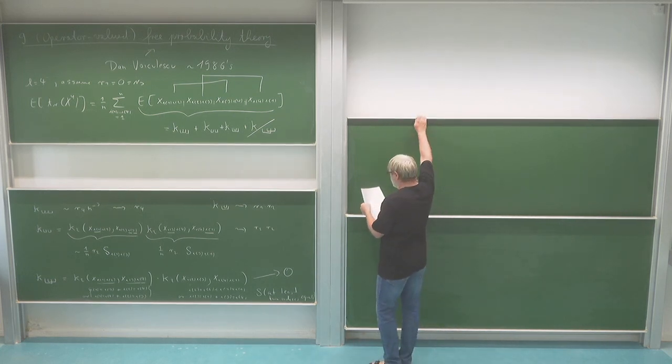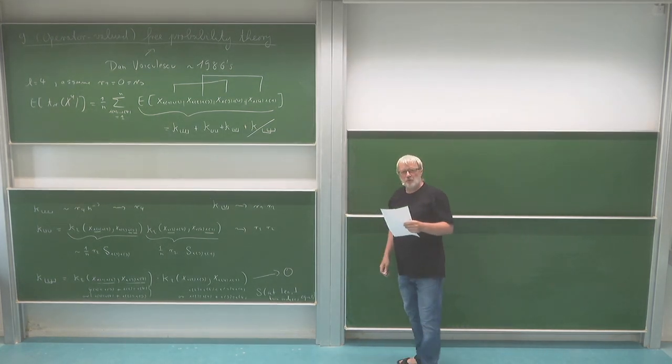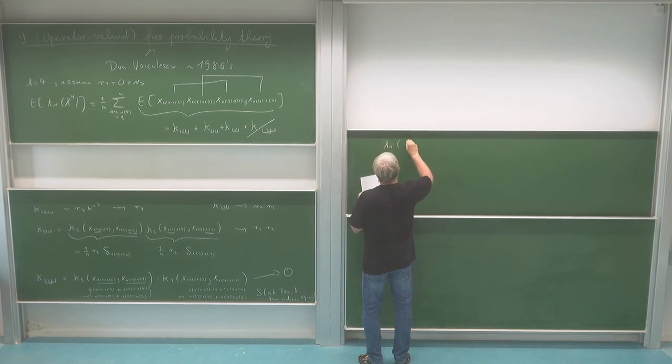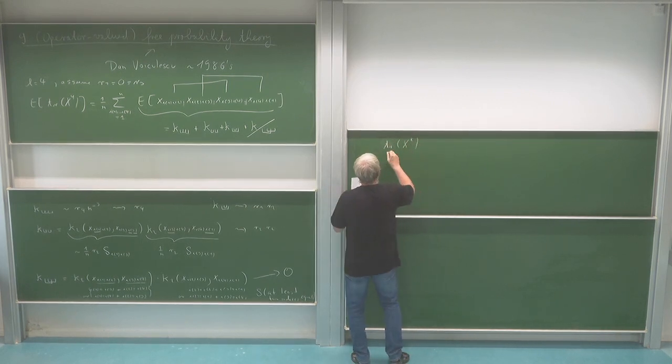So what we get here is a free moment-cumulant relation between the moments of our matrices. So let's say the normalized trace of x to the L, in the limit n going to infinity.